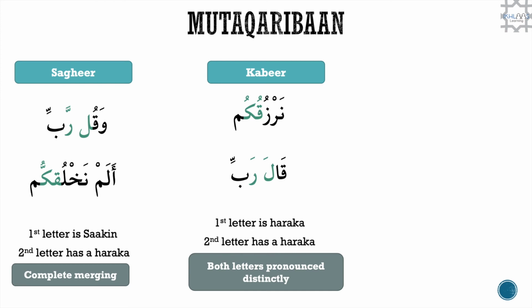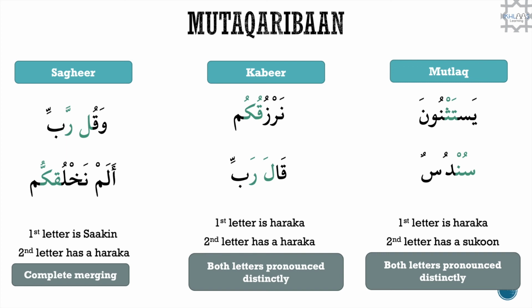And the next category we will look at is mutlaq. If we remind ourselves, mutlaq is when the first letter has a haraka and the second letter has a sukoon. Both the letters will be pronounced distinctly. So if we look at our first example, we have the letter ta and tha. And on the second example, we have the letter sin and nun.